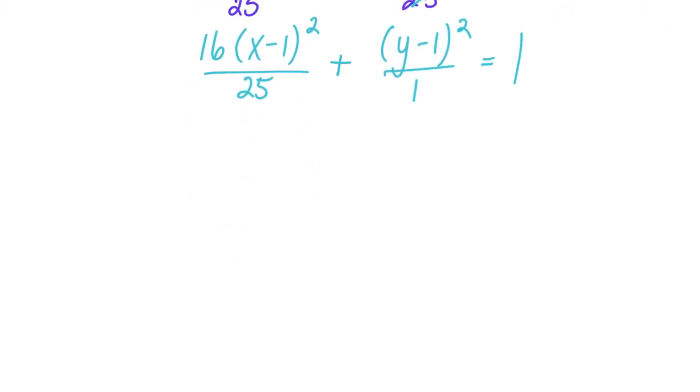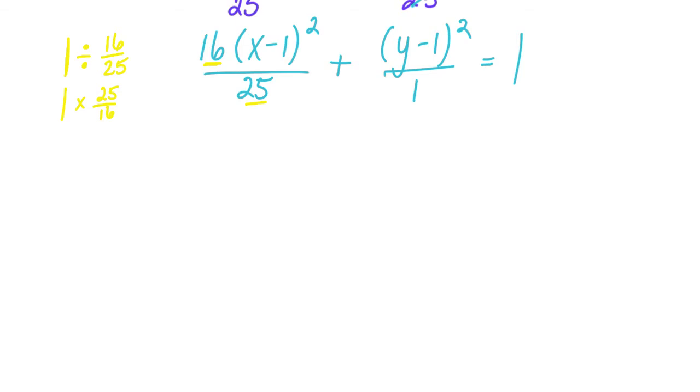Now, this 16 over 25 throws a lot of people off. Okay, but remember if I was to take 1, and if I was to divide by a fraction, I would really multiply by the reciprocal.